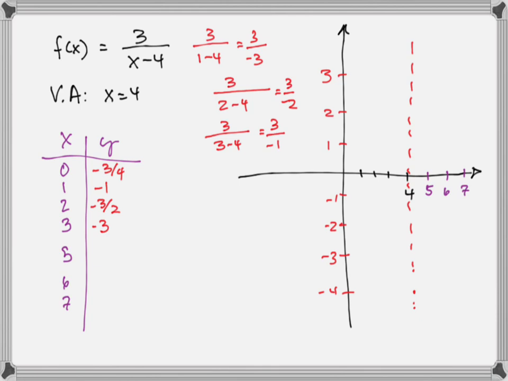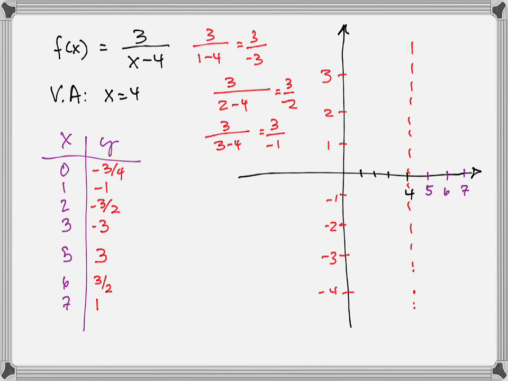So how about 5? 5 minus 4 is 1, so at 5, it should be a positive 3. Right? And at 6, it should be a positive 3/2, so 1.5. And at 7, it should be a positive 1, right? Yeah, okay.